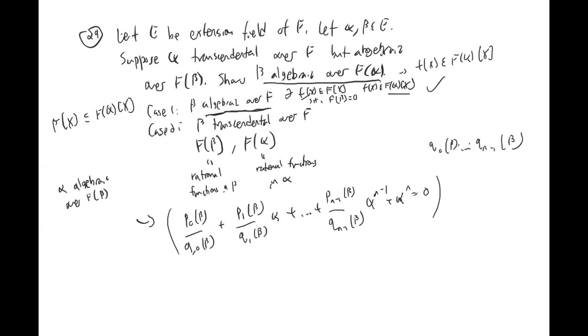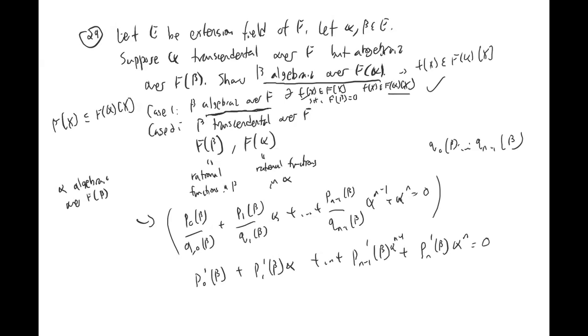If I do that, I get p0 prime plus p1 prime(beta) alpha plus ... plus p(n-1) prime(beta) alpha to the n minus 1 plus pn prime(beta) alpha to the n equals 0.